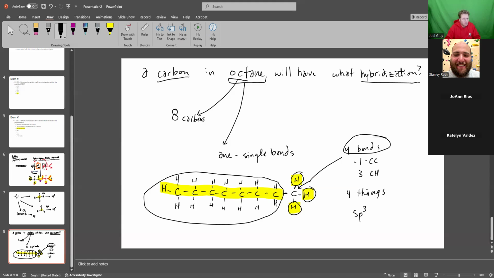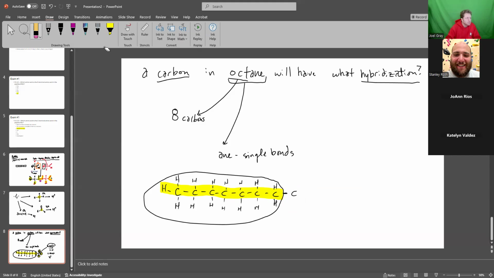Okay. Now, I'm going to try a different functional group. And if you guys have to go, you're welcome to hang around though, if you want. Now I'm going to switch it up. So that was a carbon in octane. Stanley, that's a great question.